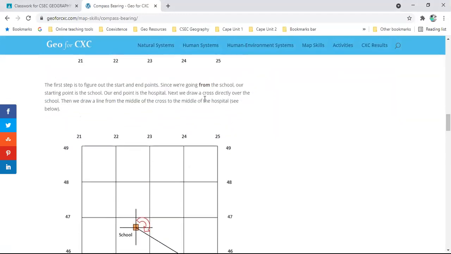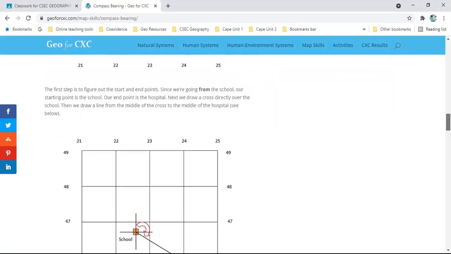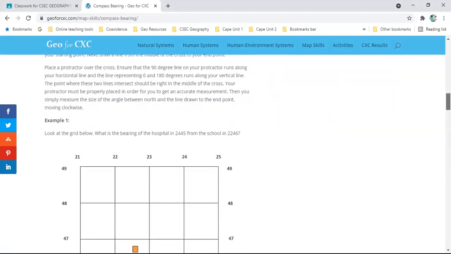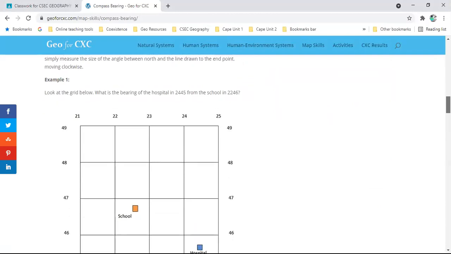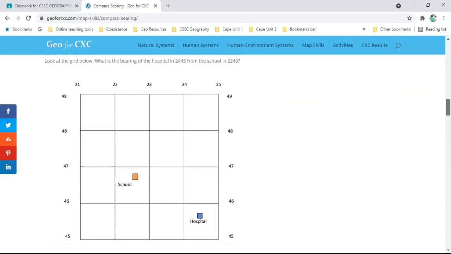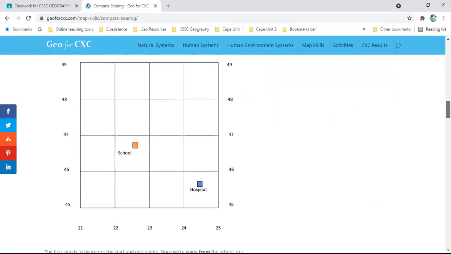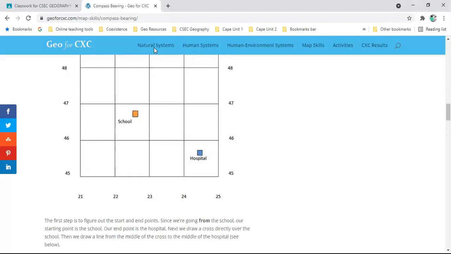So the first step: you want to find the bearing of the hospital from the school. The first thing you're going to do is put your compass point on the school. Everybody understand that? So let us do that.